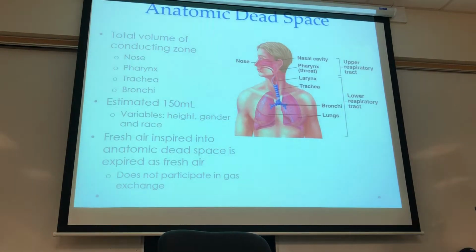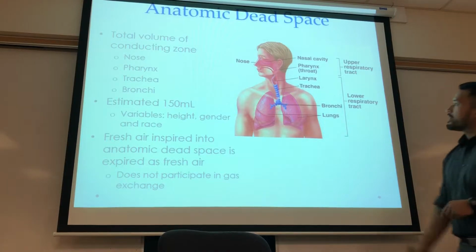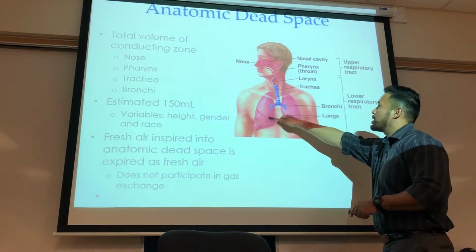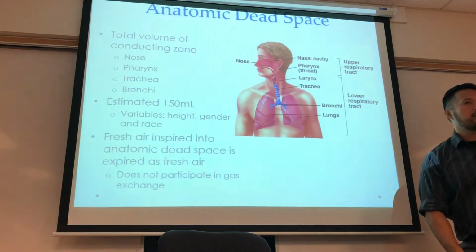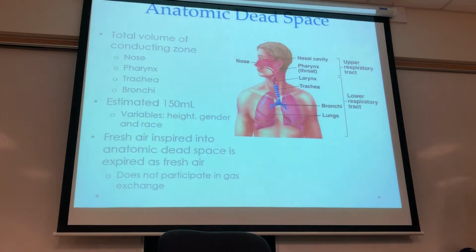Okay? You've emptied out your lungs completely, and you've still got some air left over in the trachea, some left over in the larynx, some stuck in the pharynx, some still stuck in the nasal cavity, down to the trachea, down to the primary, secondary, and tertiary bronchioles. That is the total volume of the conducting zone.